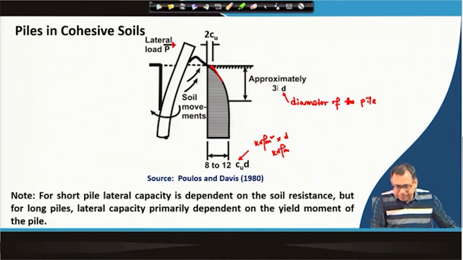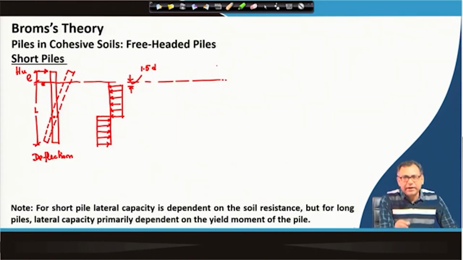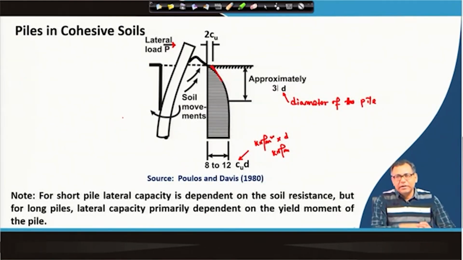So, it is recommended that in the top portion of 1.5d there will be no soil resistance, and then there will be a uniform resistance, because for cohesive soil the soil resistance is more or less uniform after a certain depth.